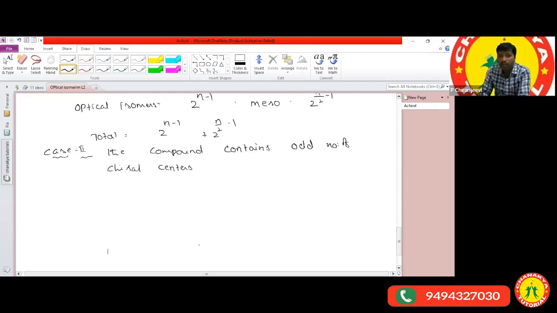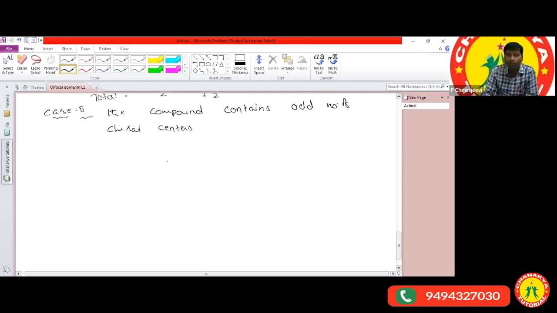Here the number of optical isomers is equal to 2 power n minus 1. And how many meso compounds will we get? 2 power n minus 1 by 2.